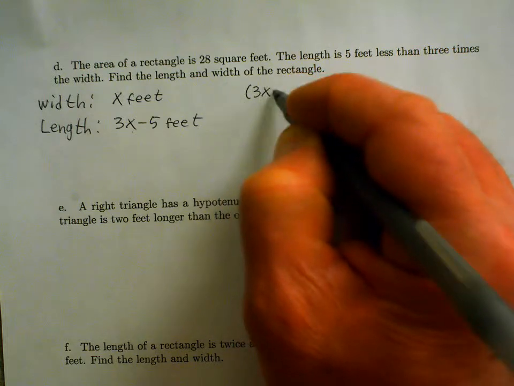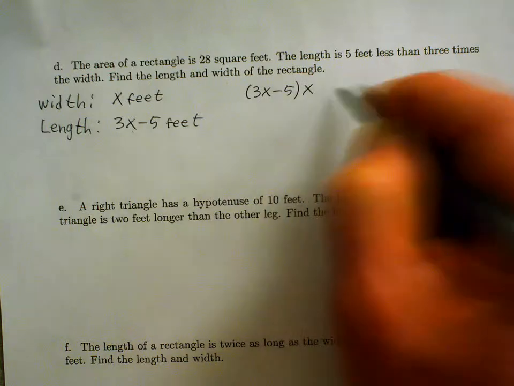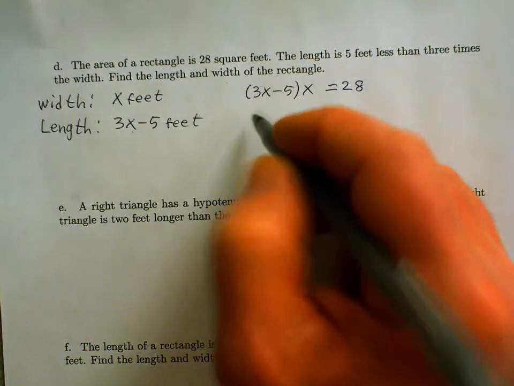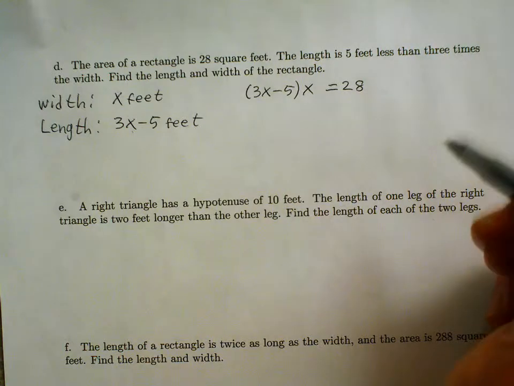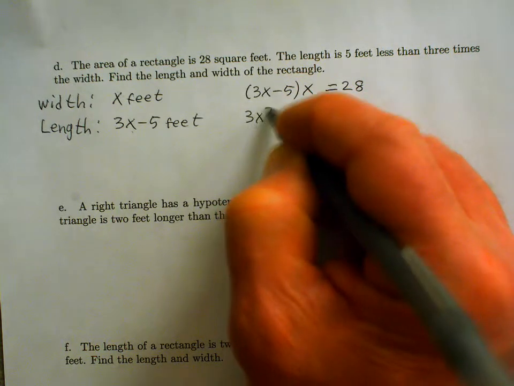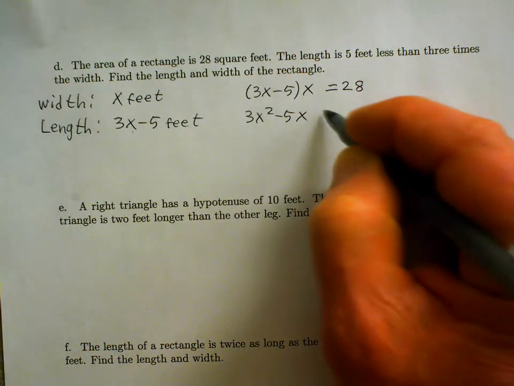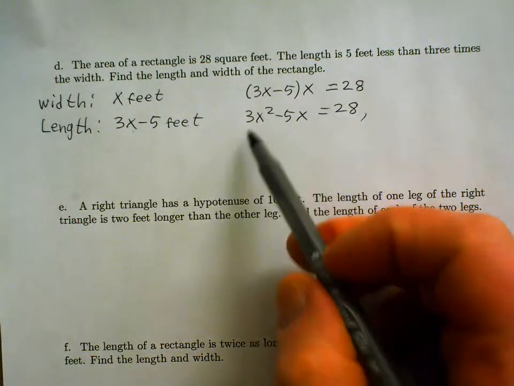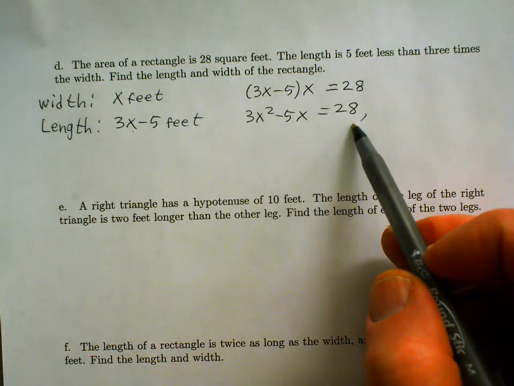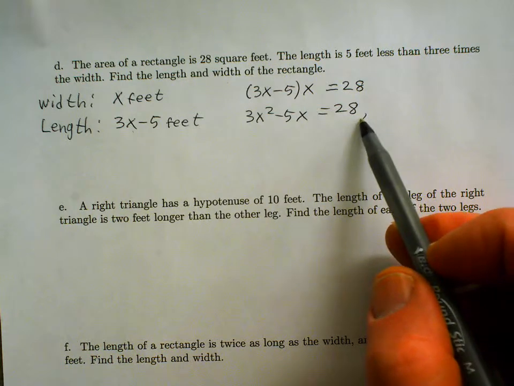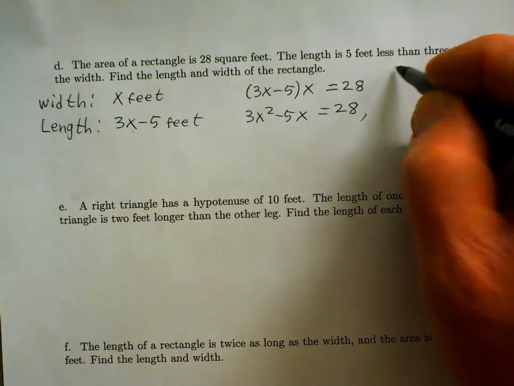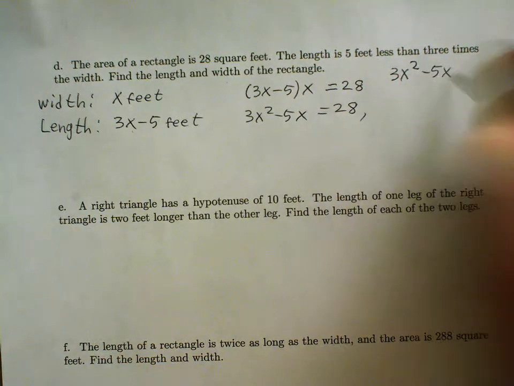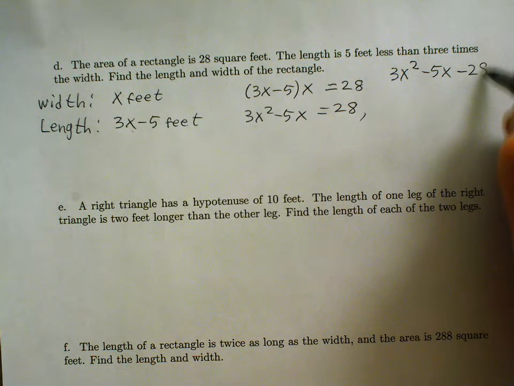So 3x minus 5 times x equals 28. Multiply the 3x minus 5 times x, so we get 3x squared minus 5x equals 28. We'll solve by factoring, but first we subtract 28 from both sides, and we get 3x squared minus 5x minus 28 equals 0.